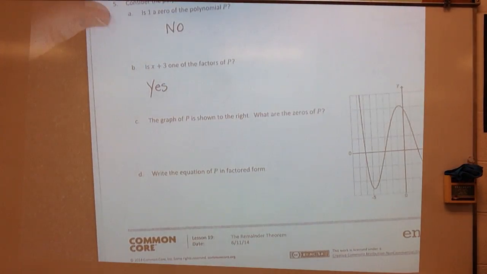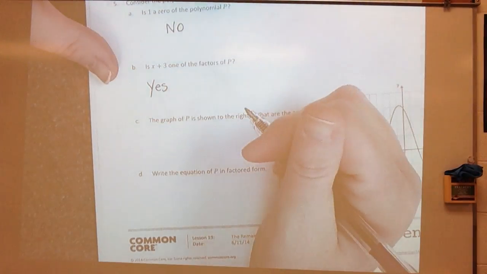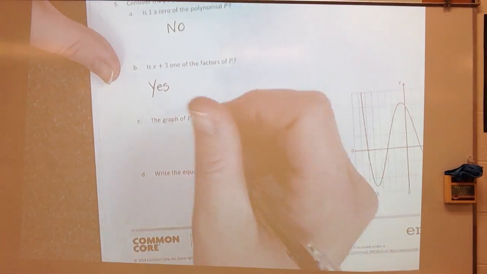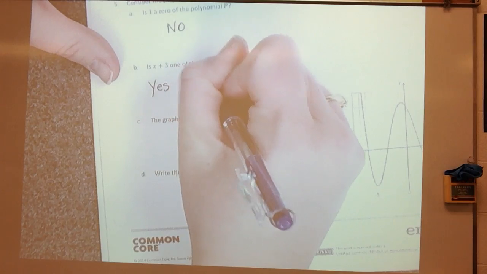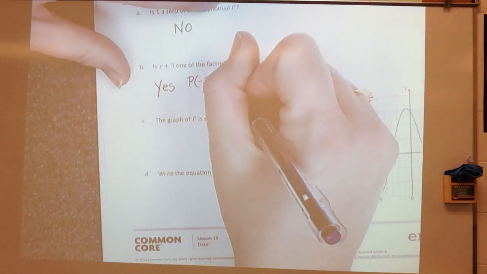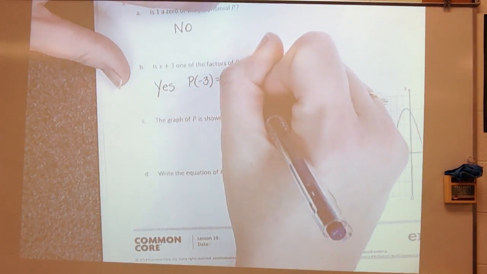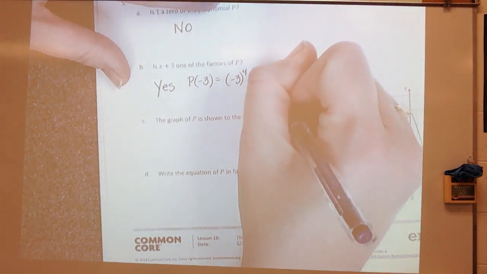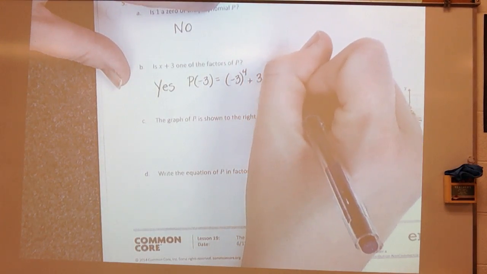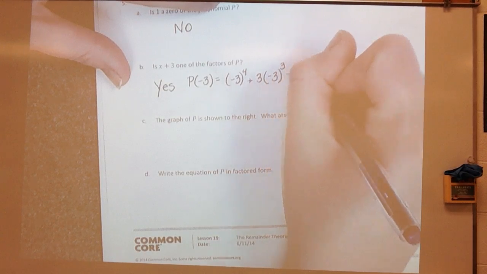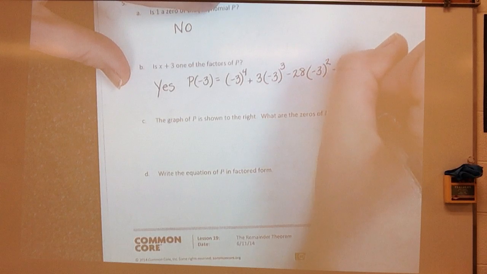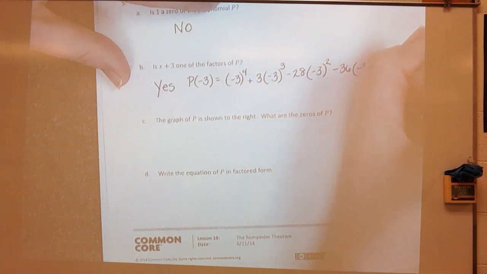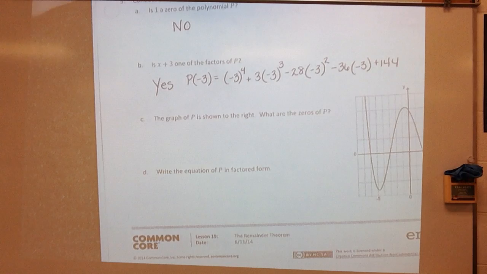And I can actually prove this by saying, okay, I'm going to look at p of negative 3. So I'm going to put that in. Negative 3 to the 4th plus 3 times negative 3 cubed minus 28 times negative 3 squared minus 36 times negative 3 plus 144. Alright?